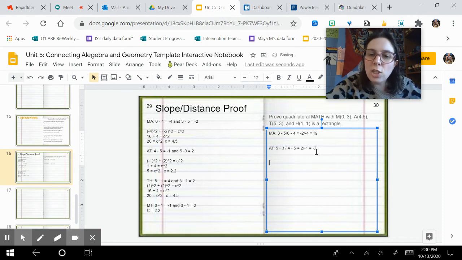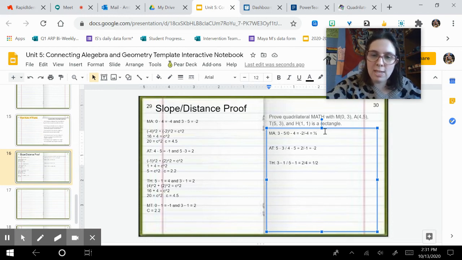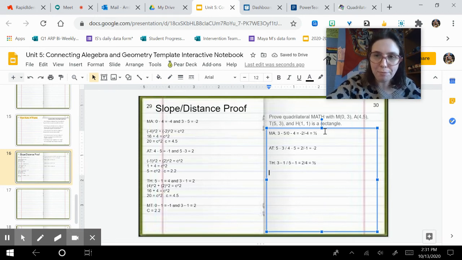Now let's look at TH. Again, y minus y, so 3 minus 1 divided by 5 minus 1 equals 2 divided by 4, which equals 1/2. So these two that meet are opposite reciprocals as well. They're flipped and opposite.